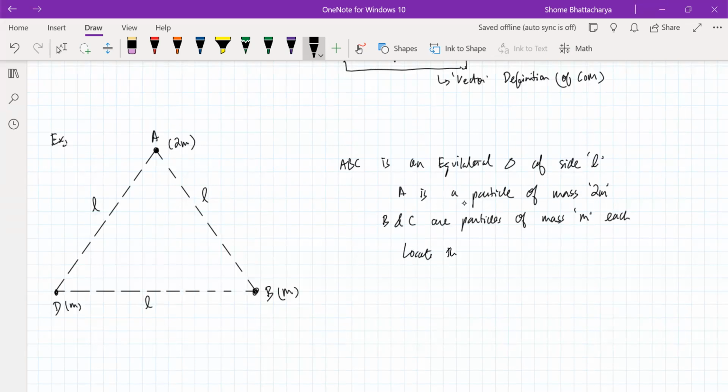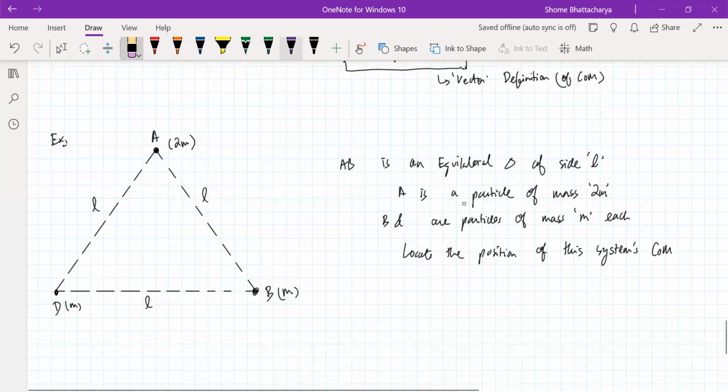Locate the position of this system's center of mass. Sorry, here I should rename it as ABD. I have taken the third particle's name to be D so that I can keep the center of mass name as C.